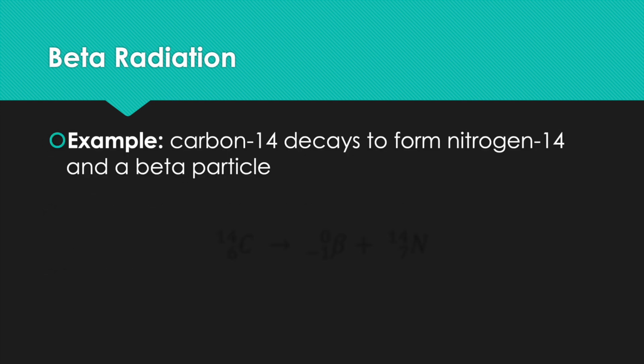So an example of beta radiation is when carbon-14 decays to form nitrogen-14 and a beta particle. So again, you can see that part of the process of beta decay is that the daughter nucleus has a higher atomic number than the parent nucleus.